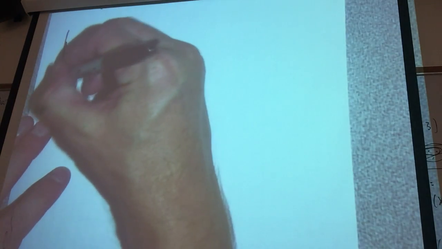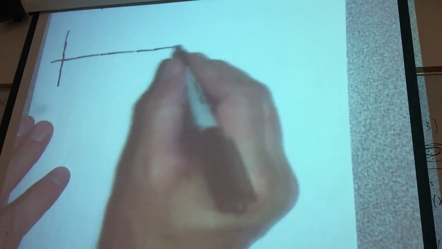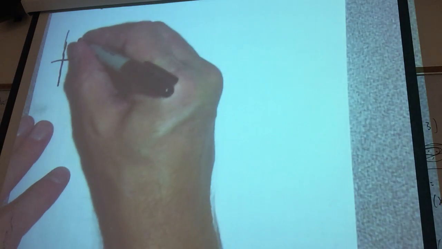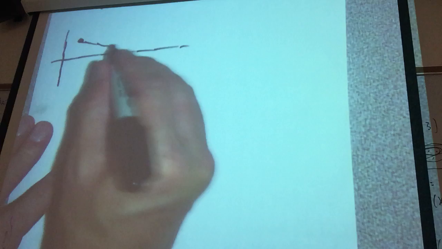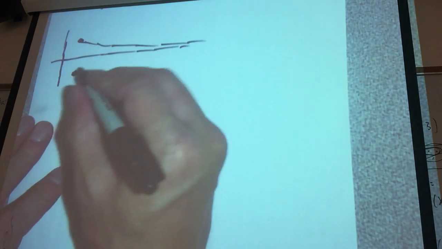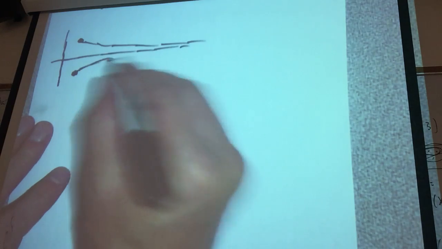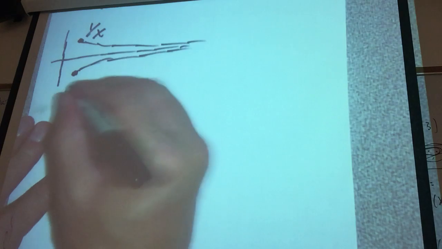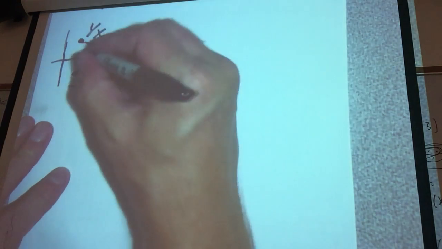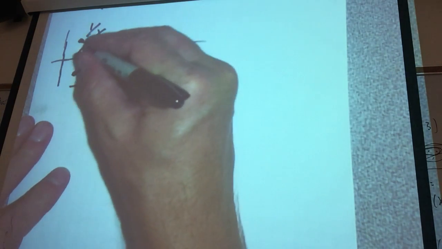If I look at the graphical interpretation, this is 1 divided by x, and this is -1 divided by x.